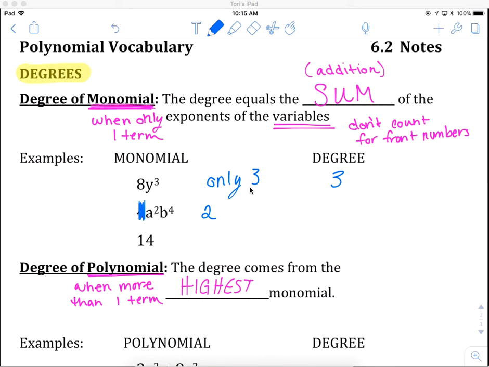We have a 2 and a 4. The sum of those exponents makes the degree a 6. But what about for that last one? What are the exponents on the variables? Well, there's no variables. So if I ask you to find the sum of nothing, our degree would just be 0. Okay? Take a second, pause the screen if you need to. Make sure you have all that written down.